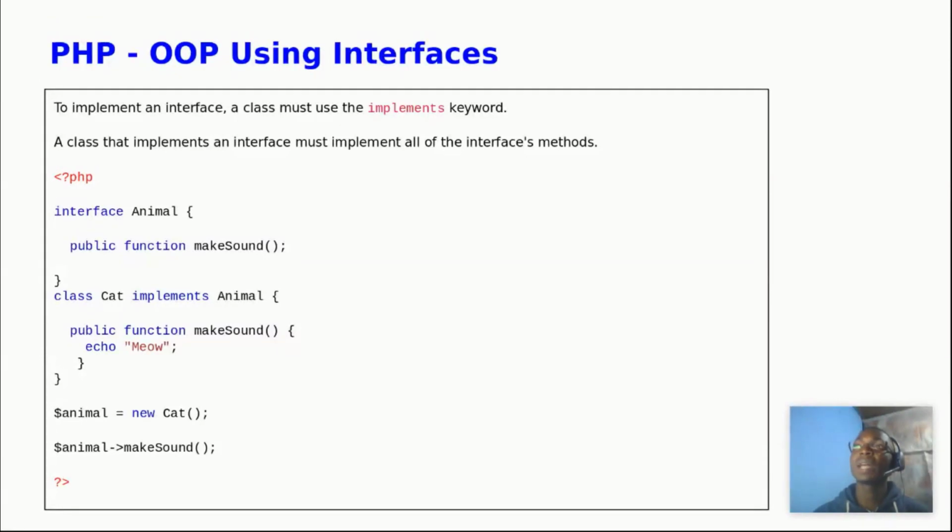This example has an interface called animal with one method, make sound, right? Now the class cat is an animal, so it implements the animal interface, meaning that it is going to bring out an implementation of what we've defined within this interface. So the make sound will echo a certain meow, right? That is how interfaces are defined, and that is how they are implemented.